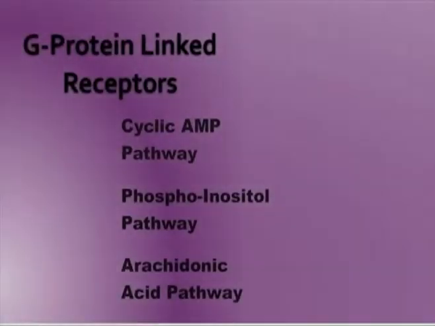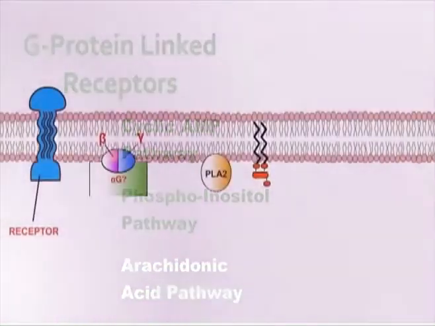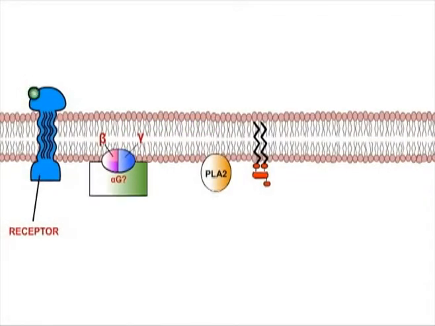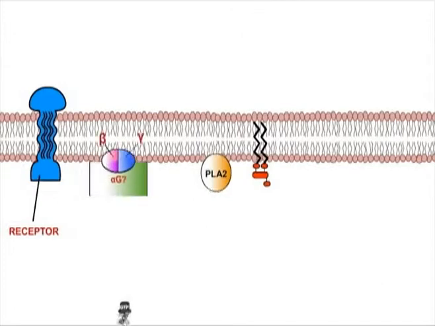The final pathway of the G protein linked receptors is the arachidonic acid pathway. The first messenger, histamine, binds to the histamine receptor that will activate the unknown G protein. The activated unknown G protein stimulates the activity of phospholipase A2, which serves as the pathway's primary effector.